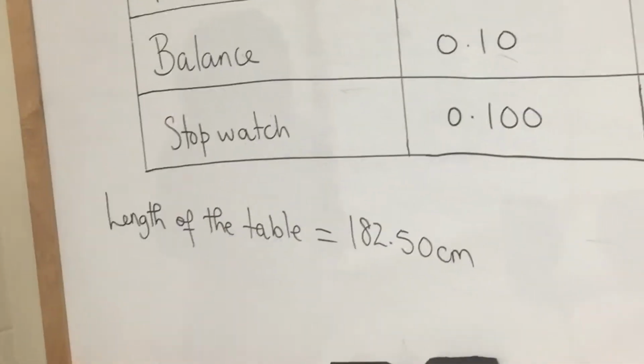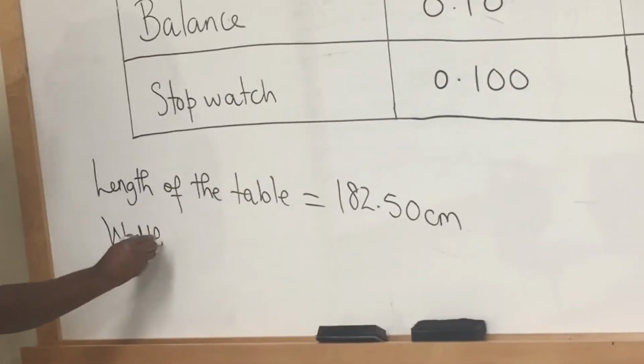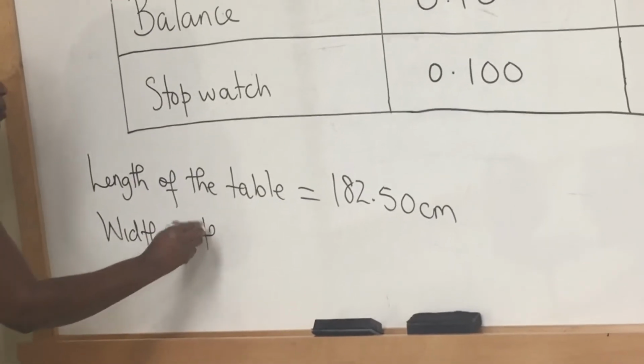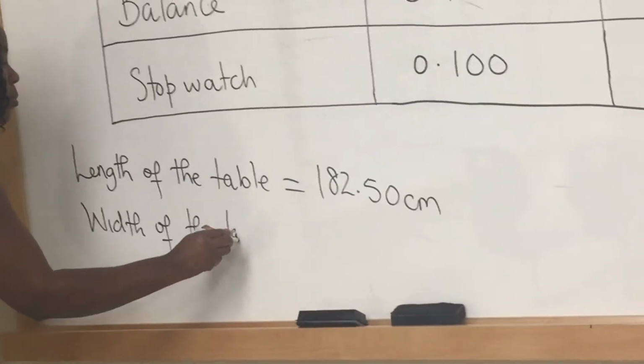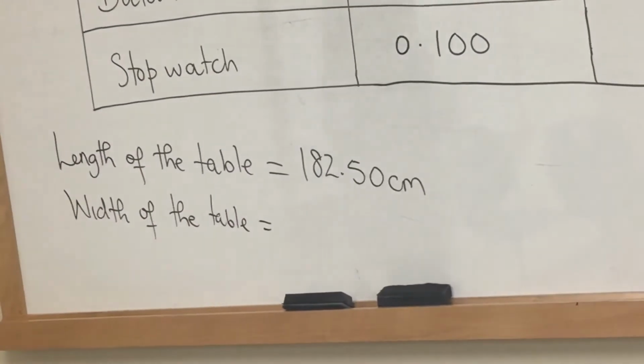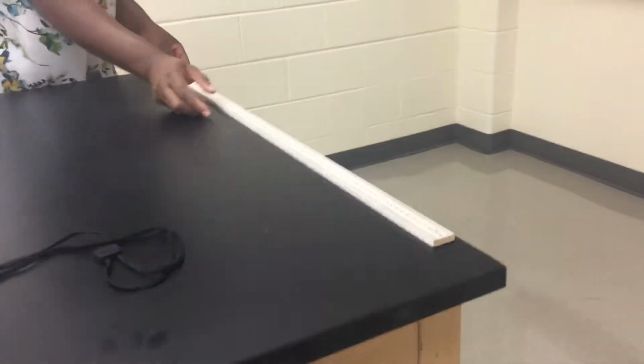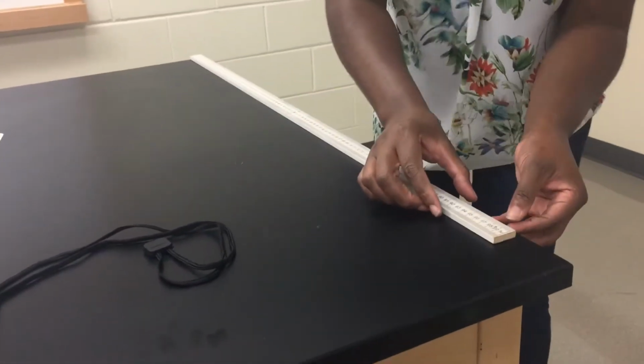And then we're going to take the width of the table. So we're going to measure the short side of the table. And I'm going to mark where we have the first 100 centimeters.